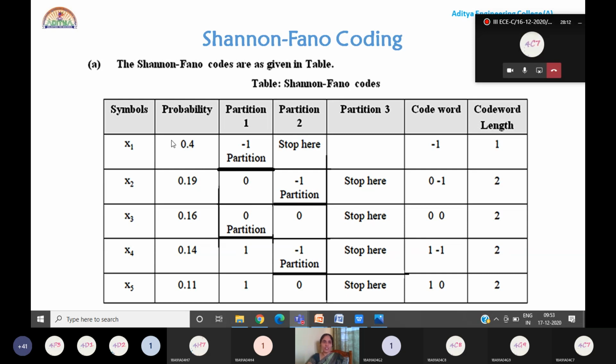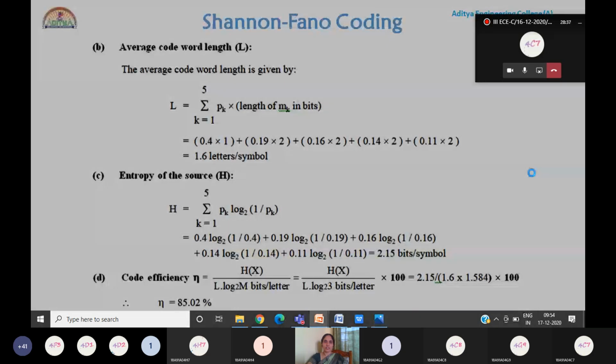So add all the products of probabilities and corresponding code word lengths. So 0.4 into 1 plus 0.19 into 2 plus 0.16 into 2 plus 0.14 into 2 plus 0.11 into 2. This is how we can calculate the average code word length. You can see it in the next slide.